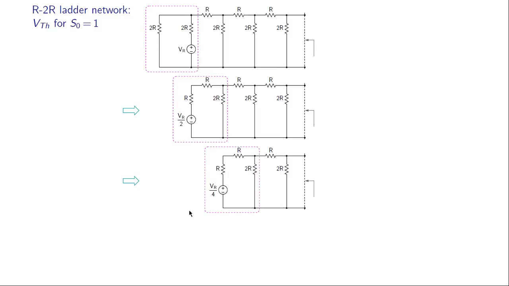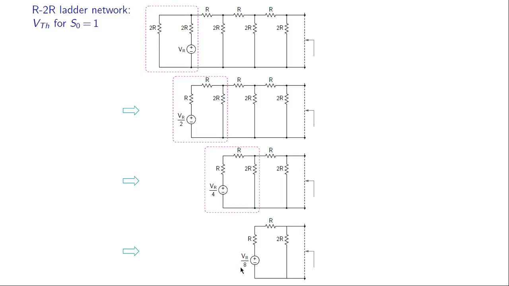Next, we can replace this network with its Thevenin equivalent, and we can anticipate that we're going to get RTH equal to R and VTH equal to half of this, that is VR by 8, like that. Once again, this network is exactly the same as any of these, except the voltage supply is now VR by 8.